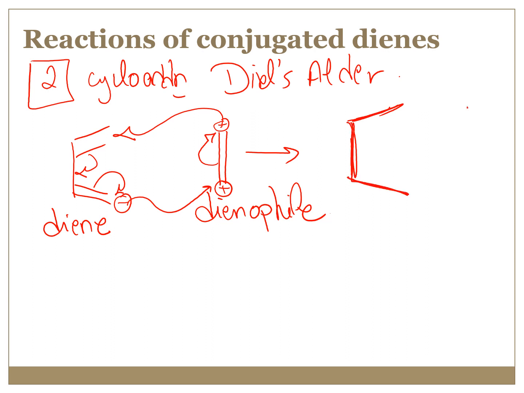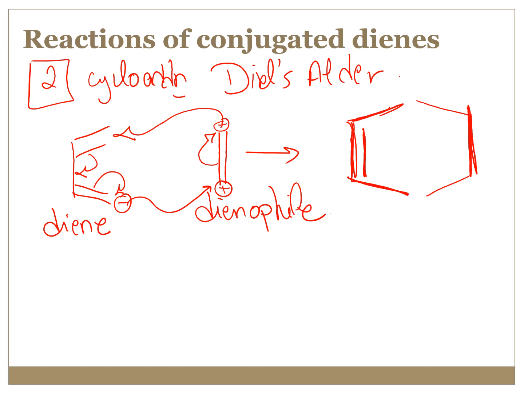Now you have just bonded them to your dienophile, so you have a bond here and a bond there, and you have moved the double bond to this carbon. What you did is you bonded this carbon with that one, you bonded this carbon with that one, you removed the double bond from the dienophile, and you moved the double bonds of the diene to the central bond, like that. This is your Diels-Alder reaction.